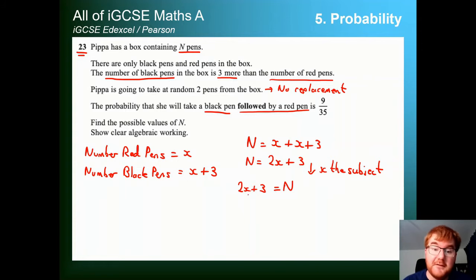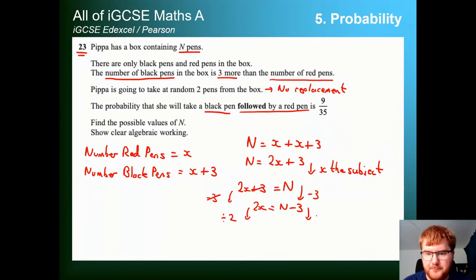So what's the opposite of adding 3? Minusing 3 on both sides. This cancels, giving us 2x is equal to n minus 3. And the opposite of timesing by 2, of course, is dividing by 2. So that then gives us that the number of red pens is equal to n minus 3 over 2.